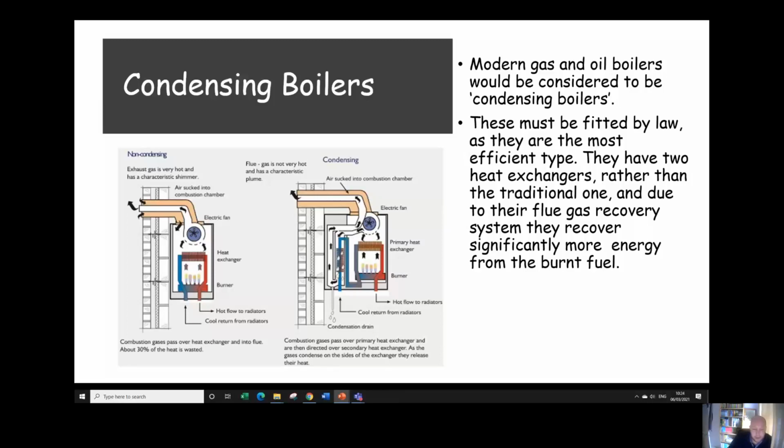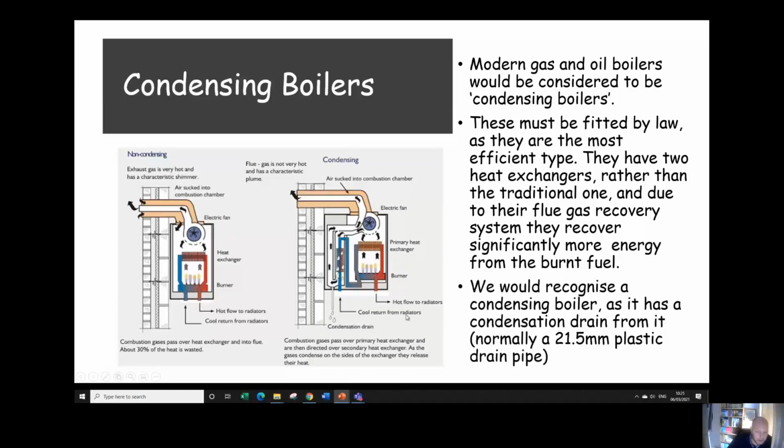That water will start to condense as the temperature drops in the flue gases, as more of that energy is taken out of the flue gases, and that's why it's known as a condensing boiler, because it takes so much energy out of the flue gases that the water starts to condense inside the boiler. This means that we need some means of removing that water, and we'd use a condense pipe, normally a 21.5mm plastic drain pipe, to remove the condensed water from the combustion process.